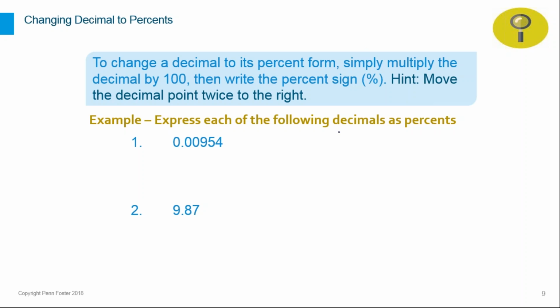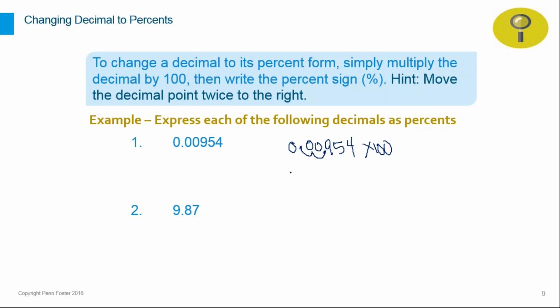So we can simply take that number, 0.00954, times 100. And then remember, when we divided over 100, we moved the decimal point to the left twice. Now, when we multiply, we do the opposite. We move the decimal point to the right twice. So that was here, 1, 2.